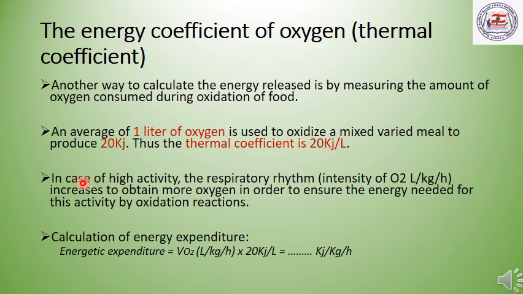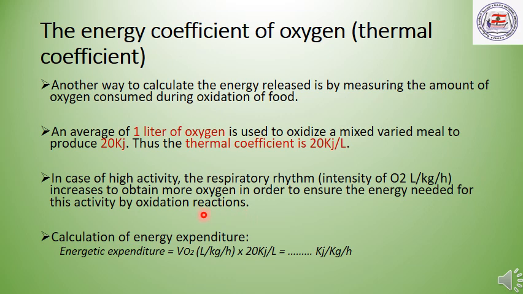This is for memorizing. Now, in case of a high activity, the respiratory rhythm, which is the intensity of oxygen having a unit liter per kilogram per 1 hour, increases to obtain more oxygen in order to ensure the energy needed for this activity by oxidation reactions.